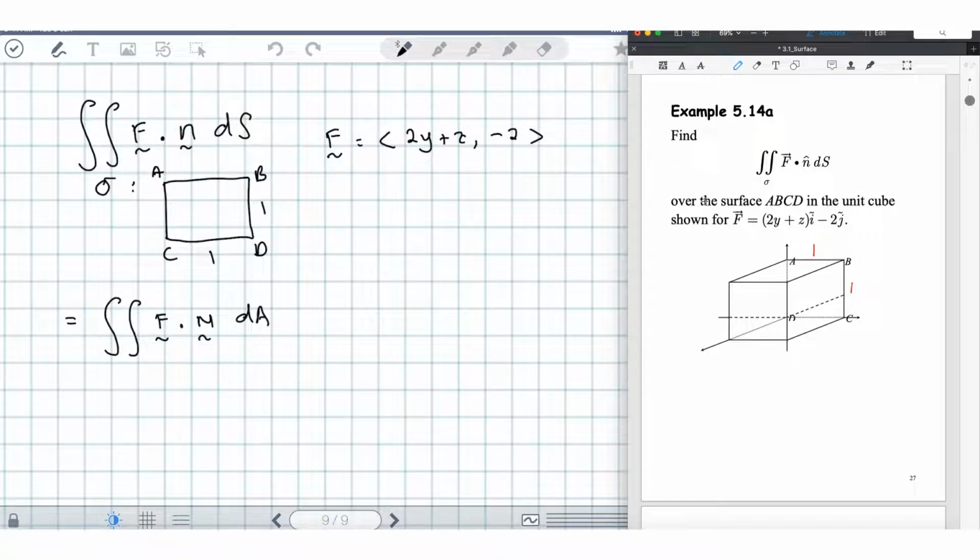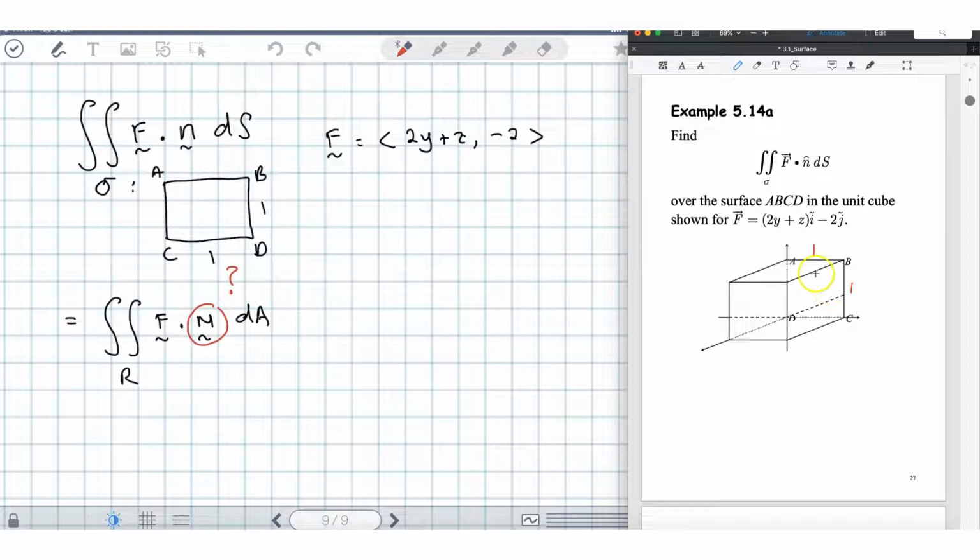When you have the dA, you transform the unit normal to the normal here, and automatically you have dA over the region. Now the question is, what is n? How can you get n? n is a normal vector to the surface.